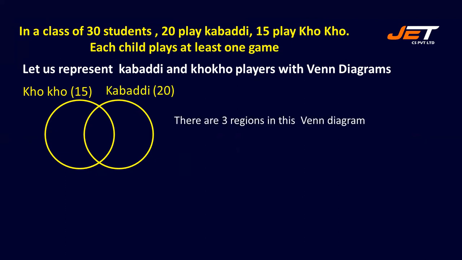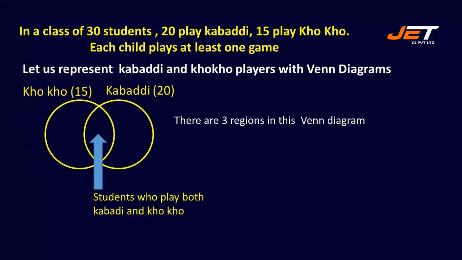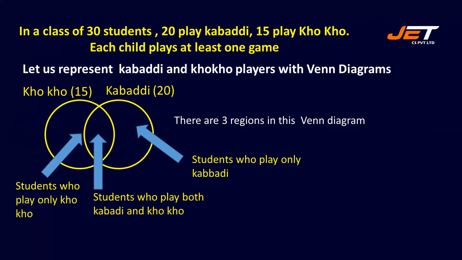So there are 3 regions in this Venn diagram. So the arrow mark represents the students who play both kabaddi and kho-kho. That is why the intersecting of the Venn diagram is shown. So students who play only kabaddi is the right arrow. And students who play only kho-kho is the left arrow.